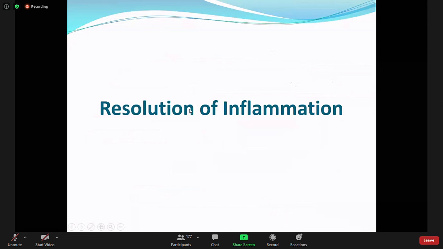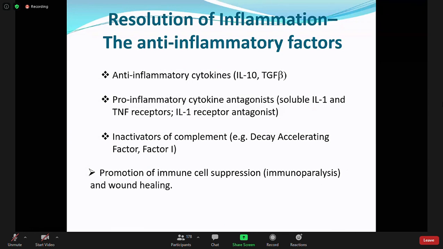Like I said, once you get the generation of an inflammatory response, you need to have cytokines there to dampen it down, because if you don't, you can start damaging normal tissue. I won't cover it in this lecture, but a big field of research at the moment is looking at a set of proteins called resolvins, which actually resolve the inflammatory activity.